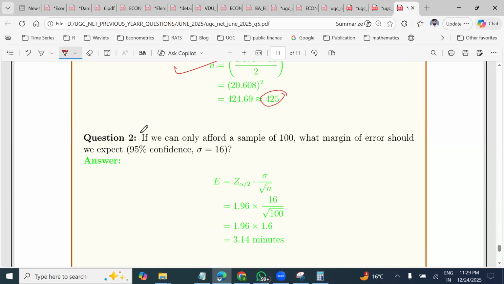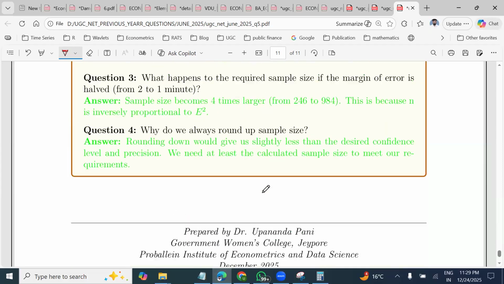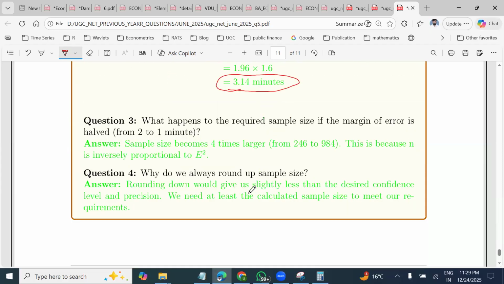Question number 2. If we can only afford a sample of 100, what margin of error should we expect? We expect 3.14 minutes. Okay. Question number 3. What happens to the required sample size if the margin of error is halved, from 2 minutes to 1 minute?